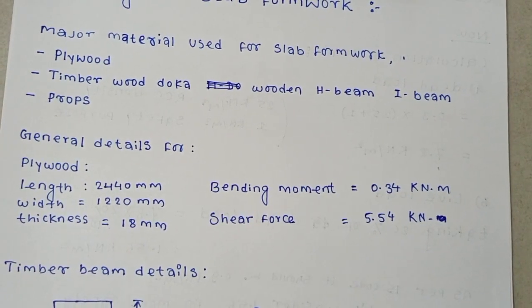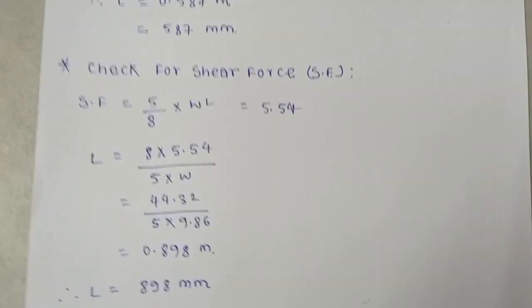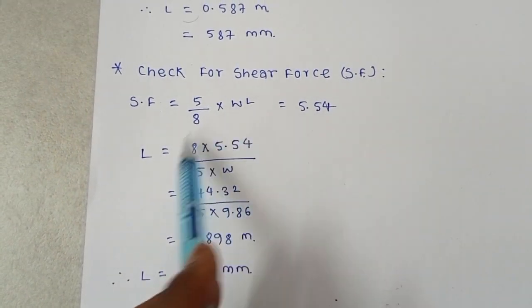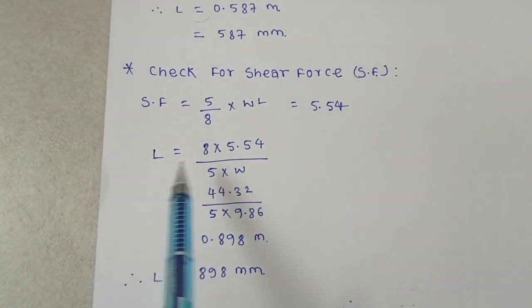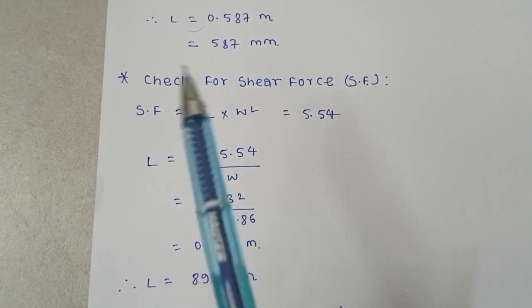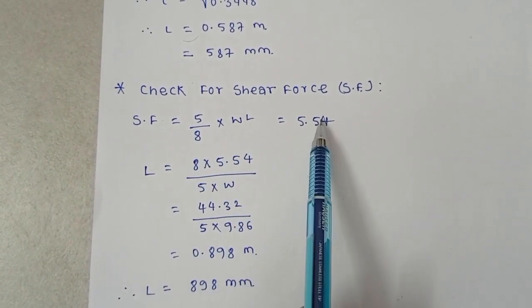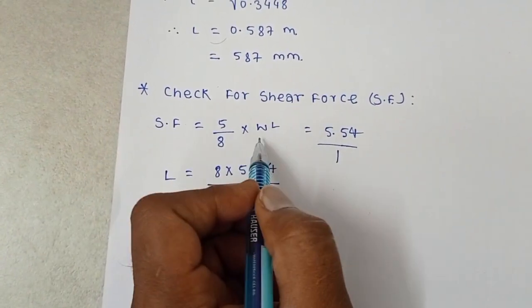See, bending moment 0.34 and shear force 5.54. Now we'll cross this and we have to find length for spacings. So length equal to 8 into 5.54, just do cross multiplication.